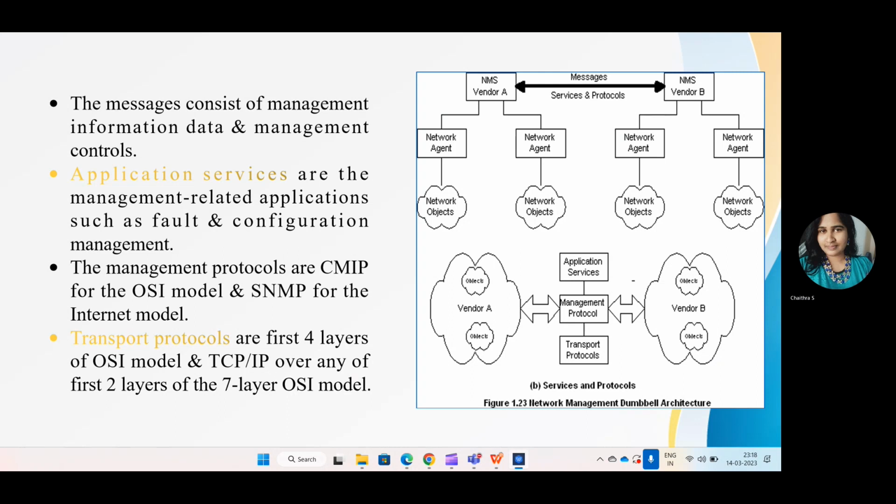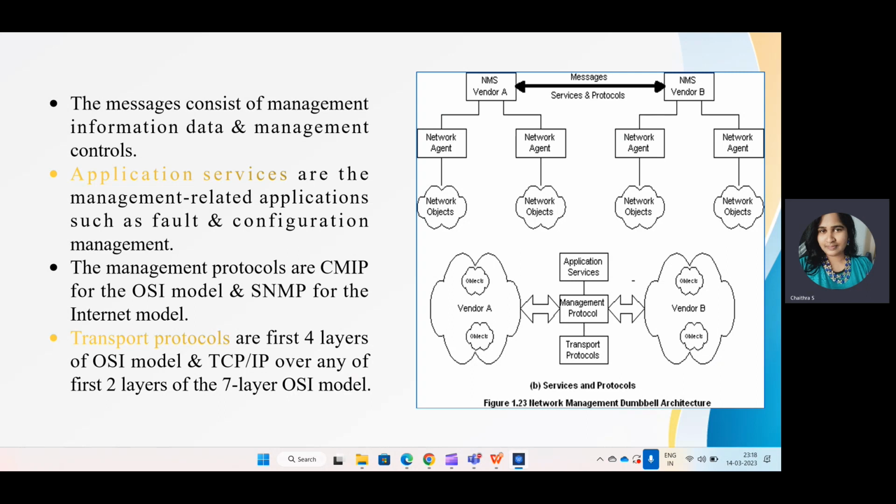In these protocols, we are going to use two kinds of protocols: CMIP as well as SNMP, that is, Simple Network Management Protocol and Common Management Information Protocol.